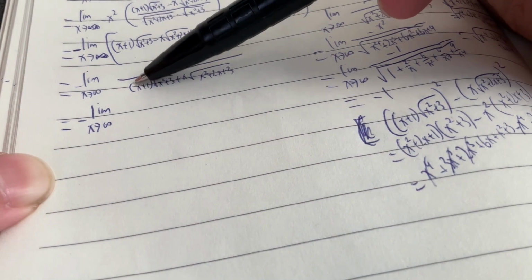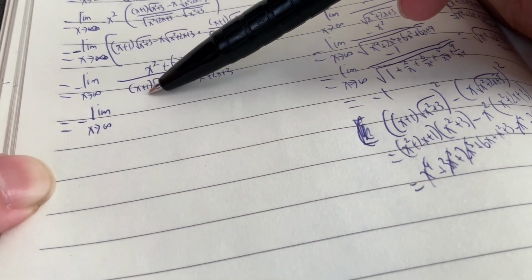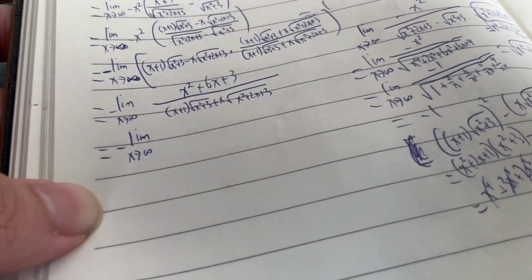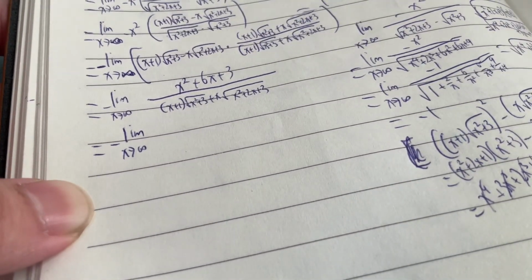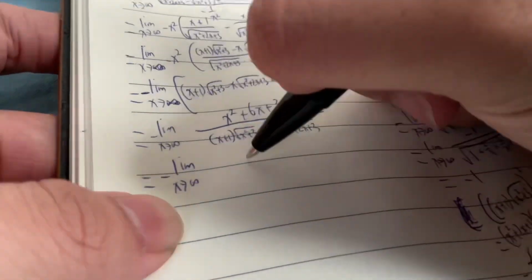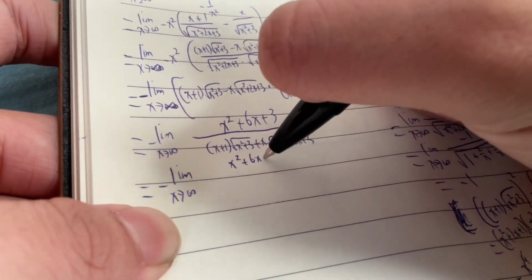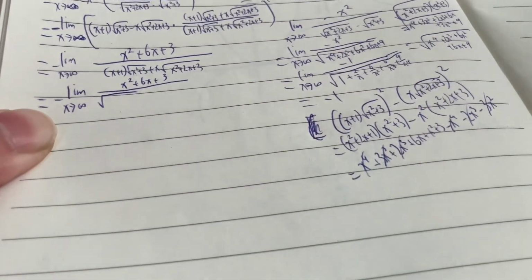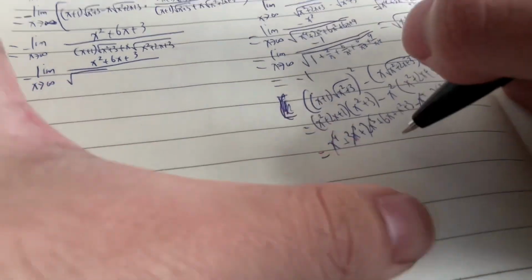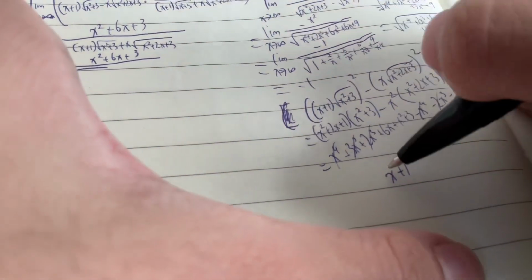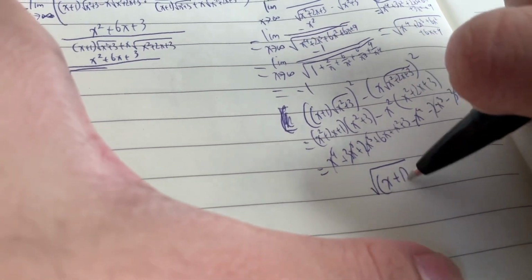But we can't get rid of x plus 1 here. If you multiply infinity, you still get infinity. So why don't we multiply inside? If we multiply inside, it will be so awesome. x squared plus 6x plus 3 divided by the square root, and then x plus 1 can be written as the square root of x plus 1 squared, right?